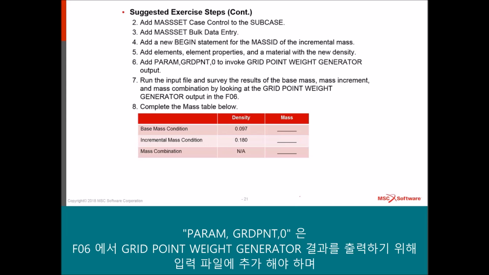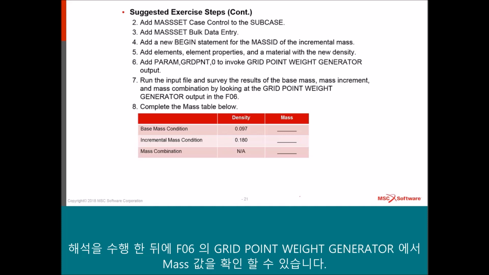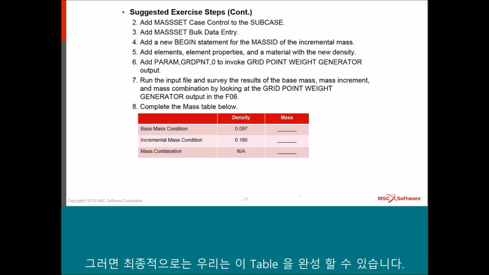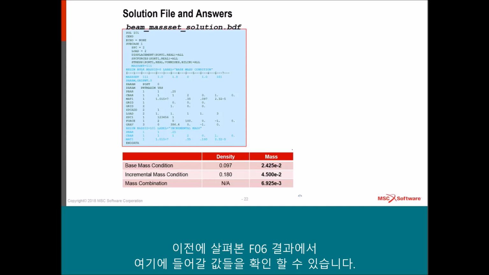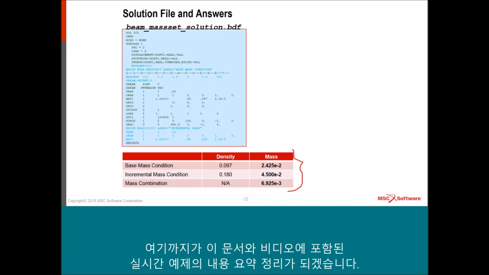Added the PARAM GRDPNT 0 to invoke the grid point weight generator output, and I run it, and I look for the grid point weight generator output in the F06, and therefore I'm able to complete the table. And as we saw before, we actually did see these values in the F06. So this is a summary of what I did here that will be included in this document, which will be archived with this video.